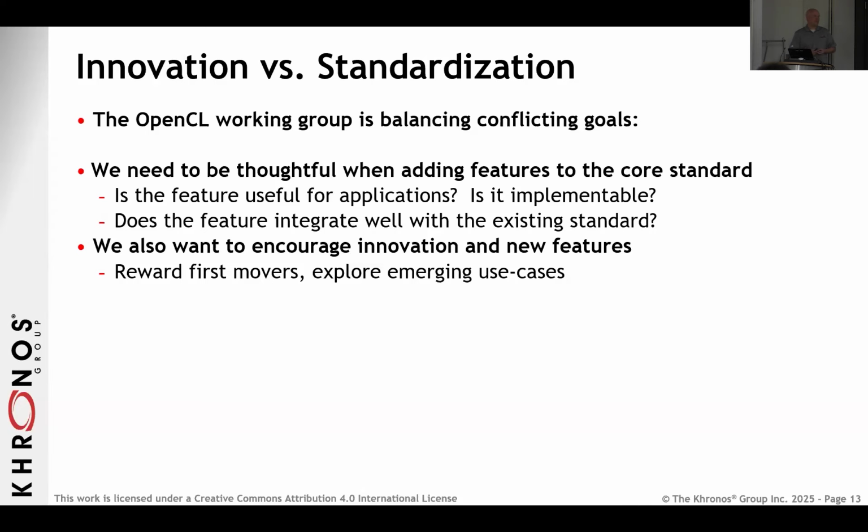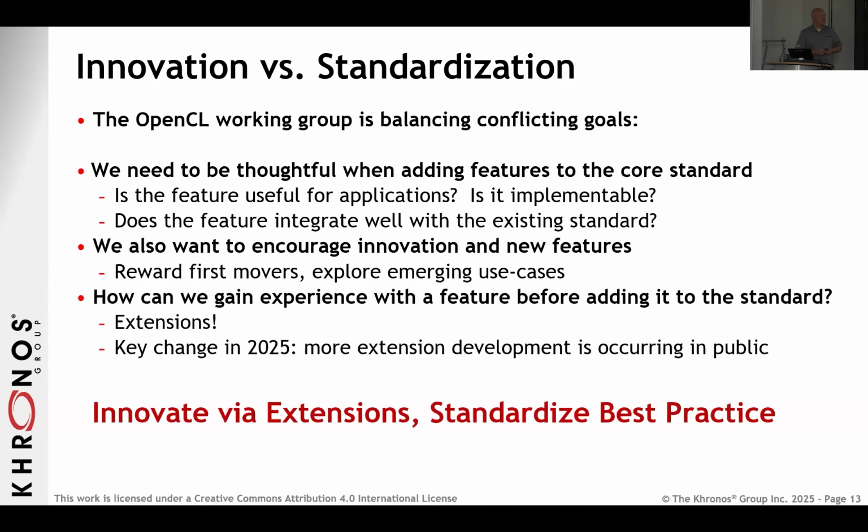And then frankly, we made this mistake maybe about 10 years ago. I definitely think we've learned from that. All that being said, we want to encourage innovation and new features to reward the first movers and to make sure that we have solutions for emerging use cases. So the answer to this is extensions.